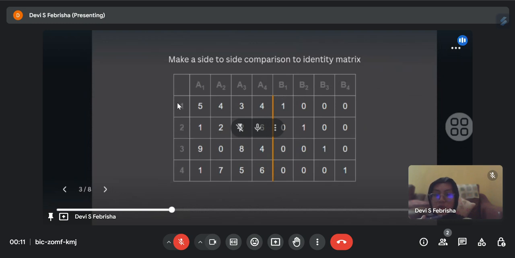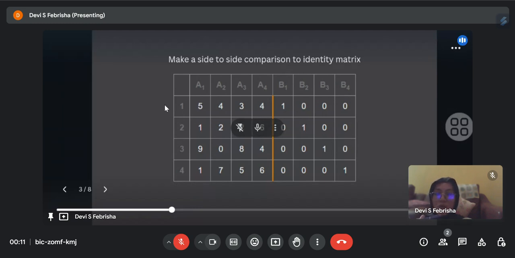So for the first column, we're going to swap the second row and the first row, because it is easier for us to make this into one instead of dividing it by 5 to make it 1 and then making it 0 too.